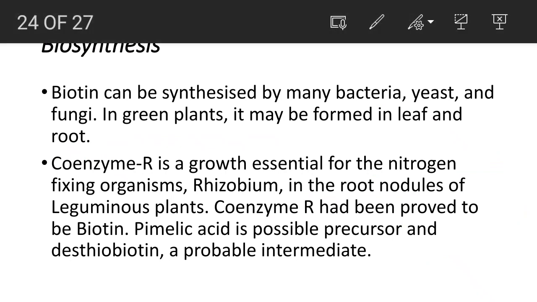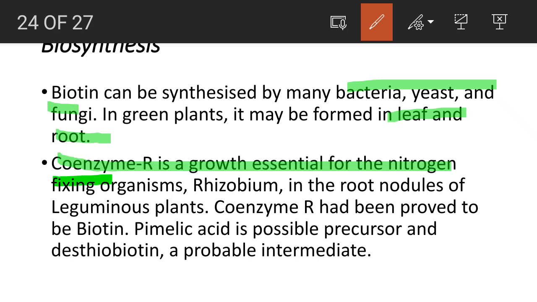Biotin can be synthesized by many bacteria, yeast, and fungi. In green plants, it may be formed in leaves and roots. Coenzyme R is the growth essential for the nitrogen fixing organisms, rhizobium, in the root nodules of leguminous plants. Coenzyme R has been proved to be biotin.